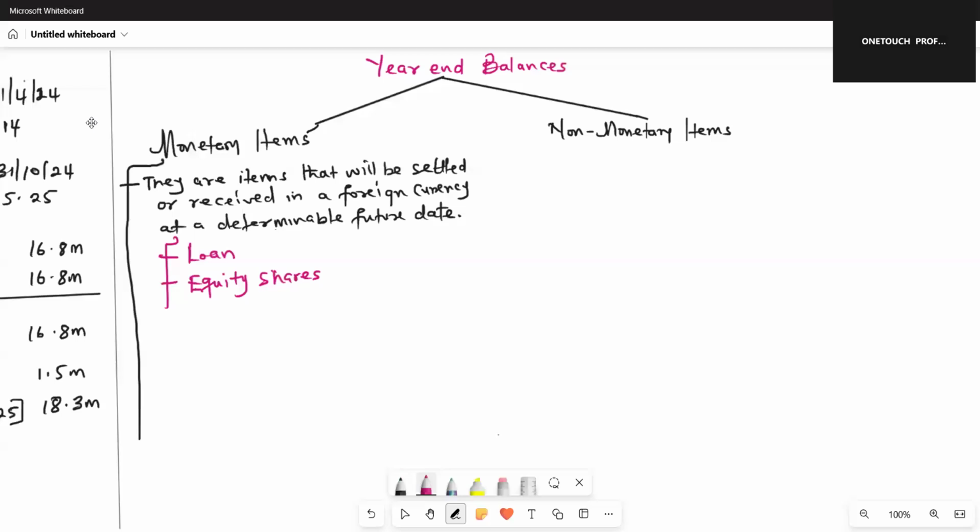All right, let's continue. I'm saying that if you have a loan on a financial statement that will be settled in a foreign currency, it's a monetary item. Equity shares, if they will be settled in a foreign currency, are monetary items. If you have cash kept in foreign currency, it's a monetary item.